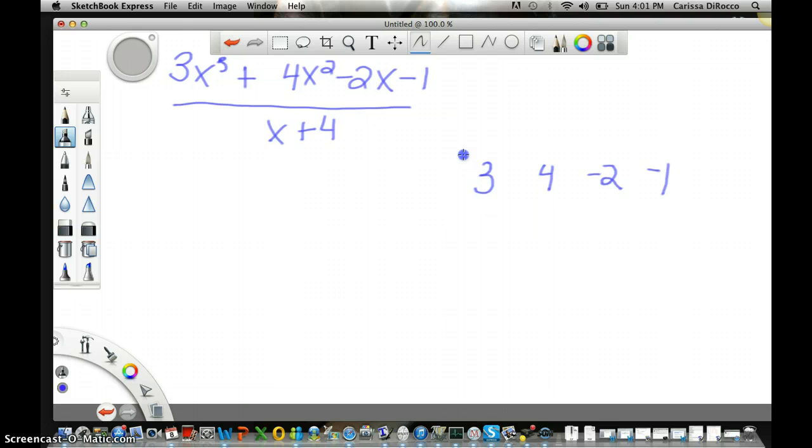And when we divide, you'll see sometimes this is drawn, and you want to leave a little bit of room for some numbers underneath. And the way synthetic division works is that you actually are going to divide by the opposite of this. So not a positive 4, but a negative 4.